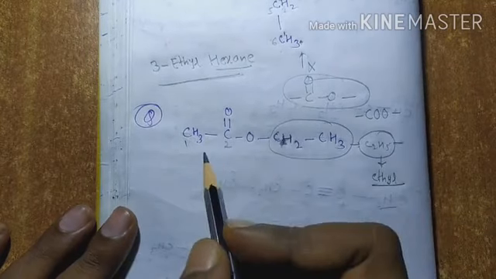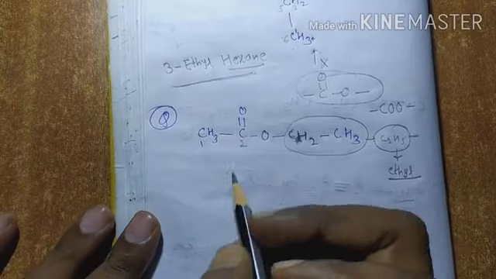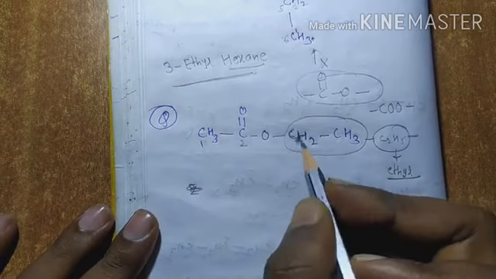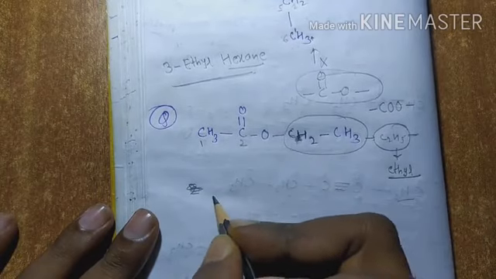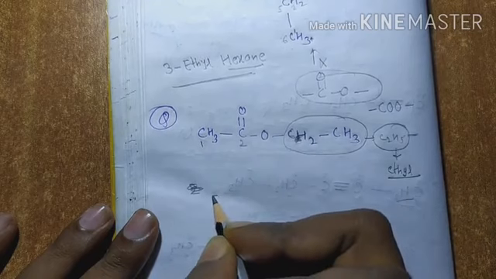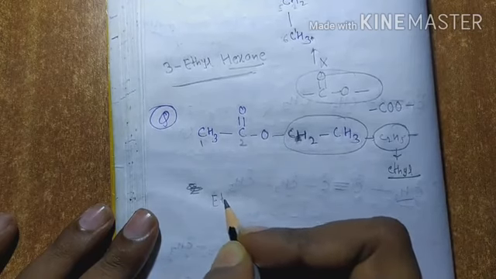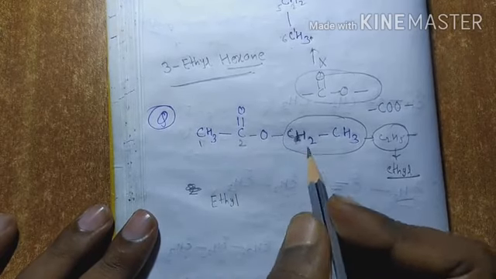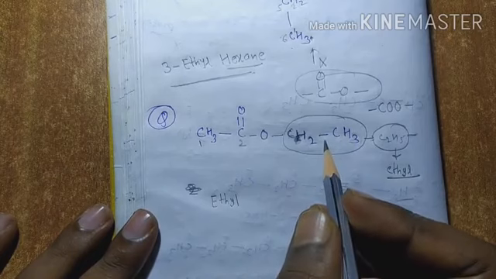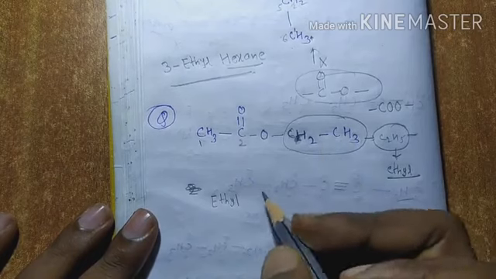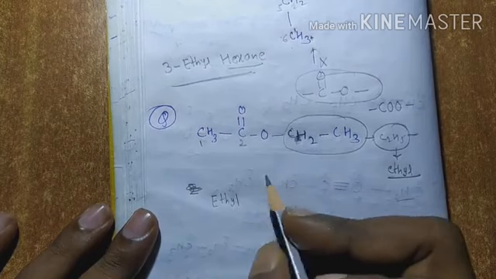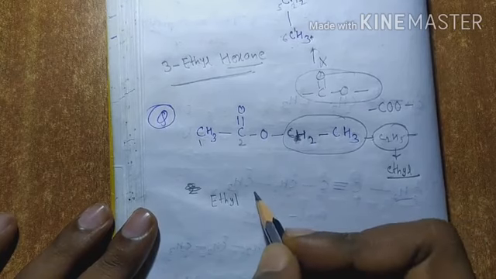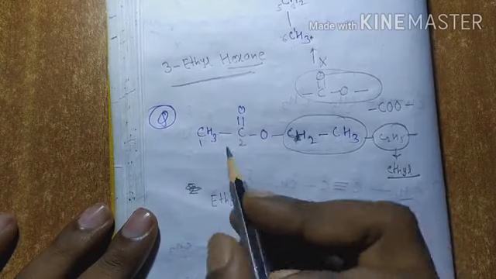So here we will write the IUPAC name as simply ethyl, because we use it as a prefix. Ethyl. This is ethanoate.